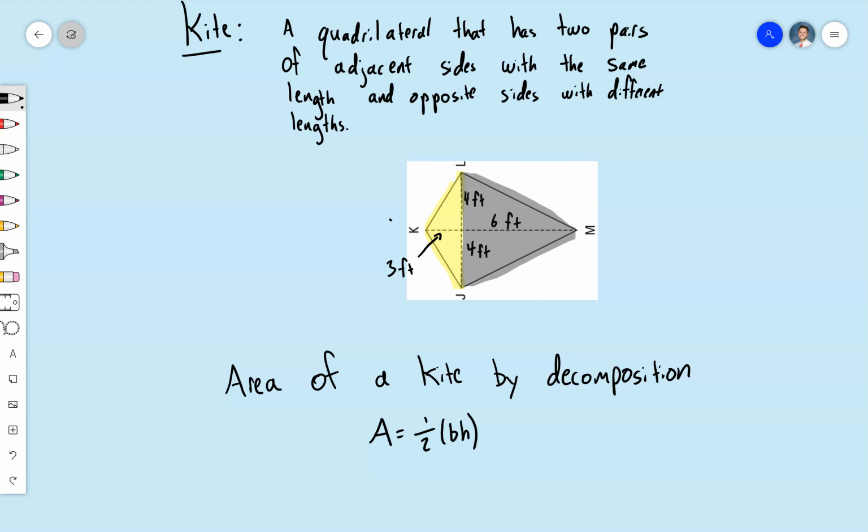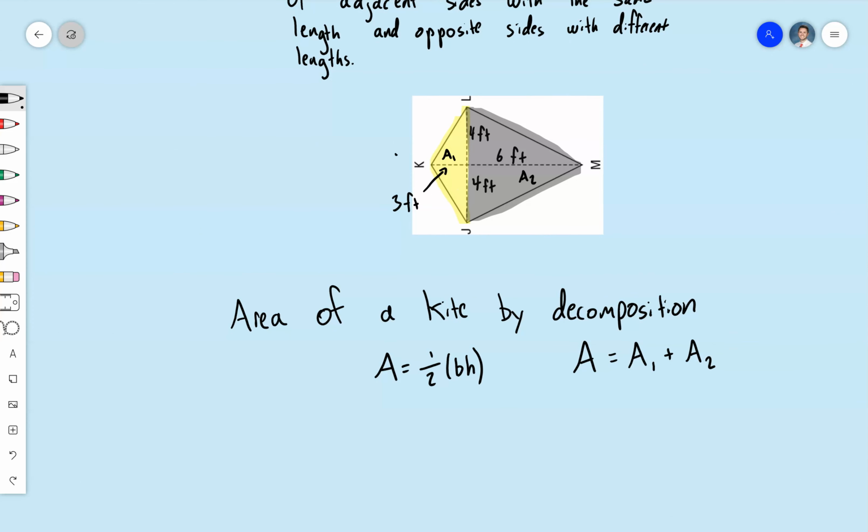So in this case, the area of our kite is going to be equal to the area of our first triangle in yellow plus the area of our second triangle in pink. I'll label those A1 and A2. Let's start with the area of our first triangle. So 1/2 times the base times the height. Now we can see 3 feet is labeled here as the height of that triangle.